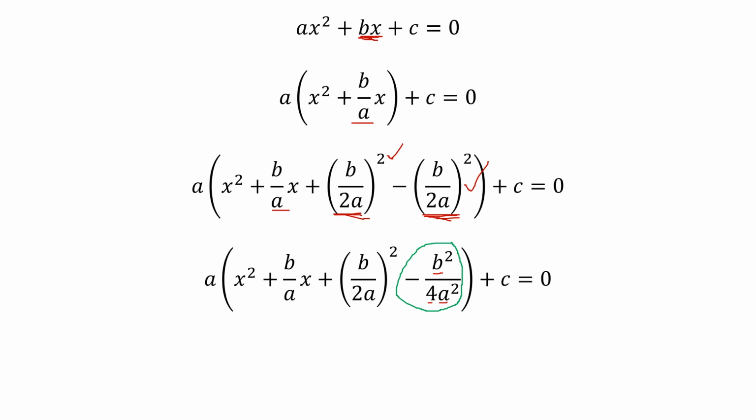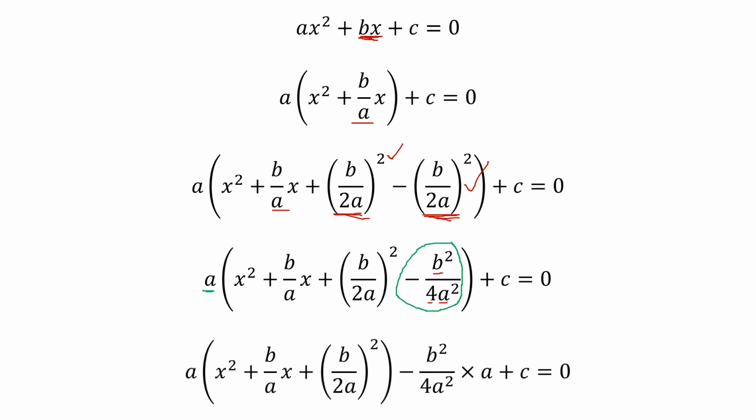Right. But as it will leave the brackets, remember we have got an a here. A is multiplying everything in these brackets. So as this one will leave brackets, it will be multiplied by a like this. We now have this part remaining in these brackets like this.